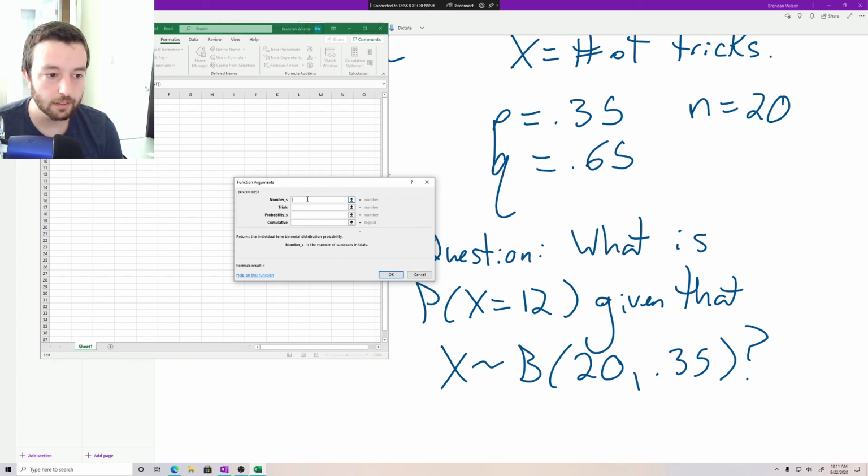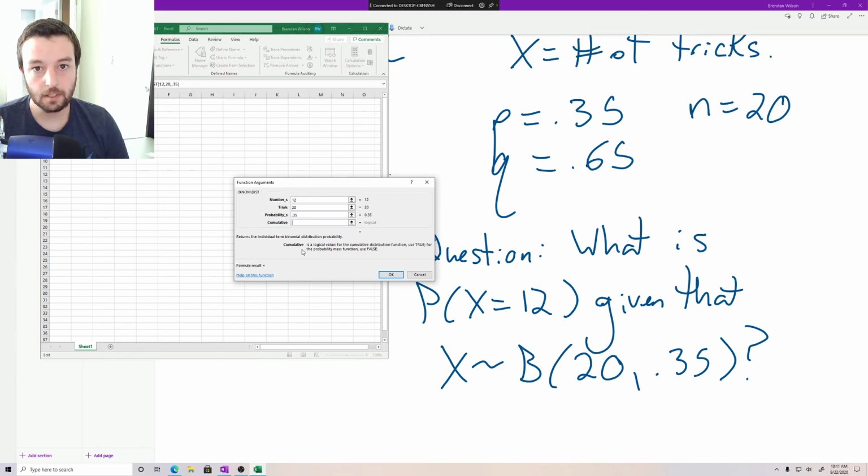We're looking for the number of successes, okay? And it's going to return the probability. So there's 20 trials. The probability is 0.35. Whether it's cumulative or not, this is asking us whether we want to use what's called the cumulative distribution function or the probability distribution function. It actually says probability mass function. Like I was saying, the discrete ones are typically called that.